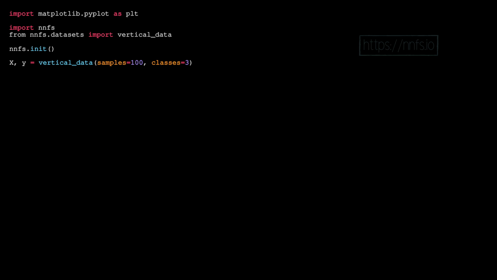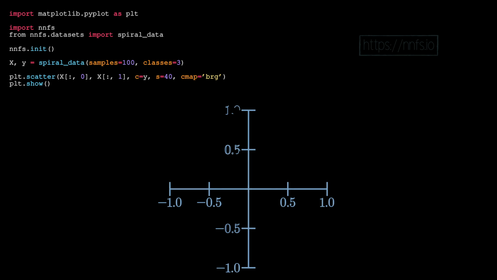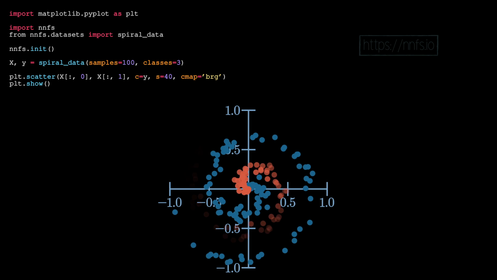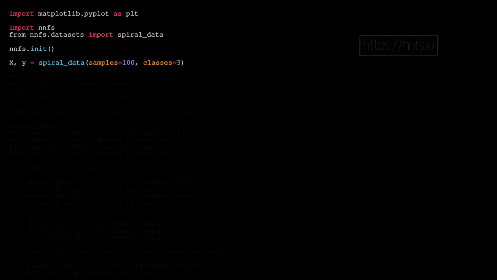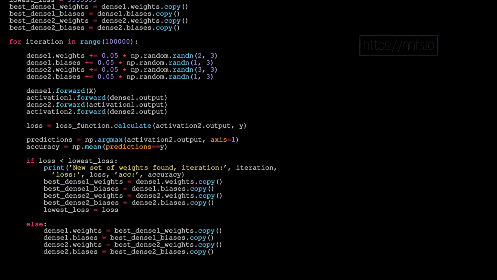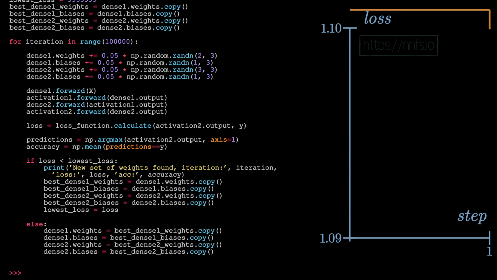So now let's change from the vertical dataset back to the spiral dataset. This dataset still has clear and obvious classes, but is not solvable by just some vertical lines. We need a non-linear solution here. With the semi-random, logical-ish tweaking from the best weights and biases code that we used before, we can run this and see that the outcome, while it does learn, is still a loss that's greater than 1.0 and an accuracy that floats around 40%.